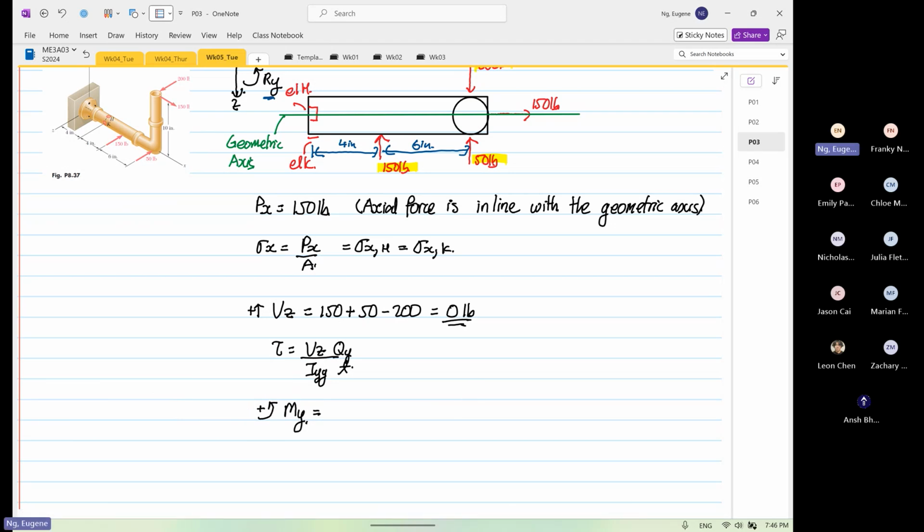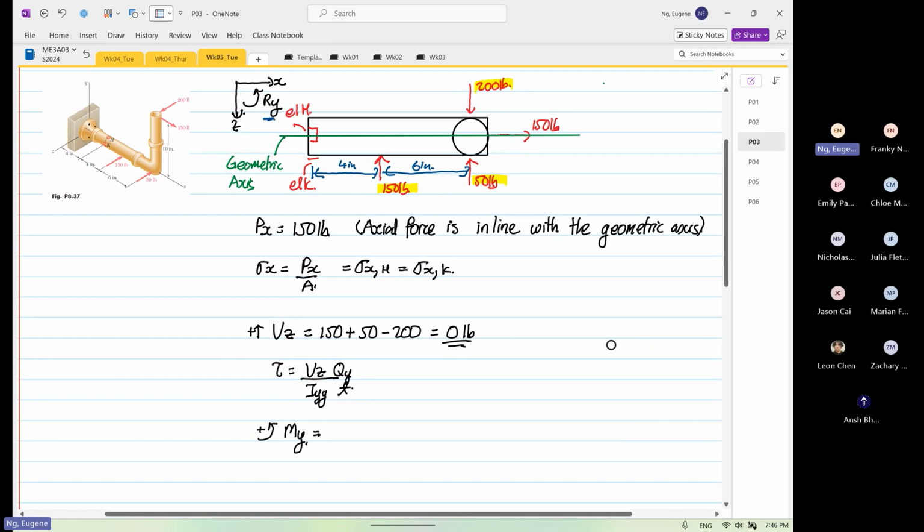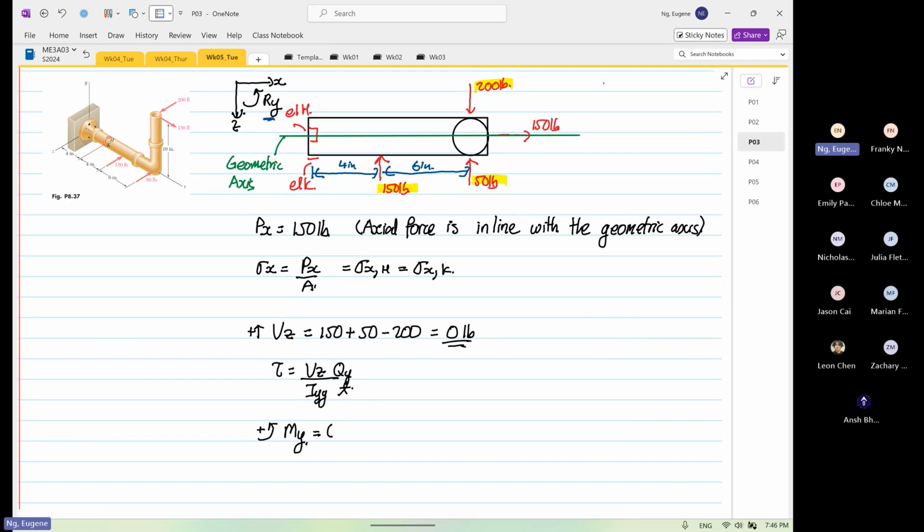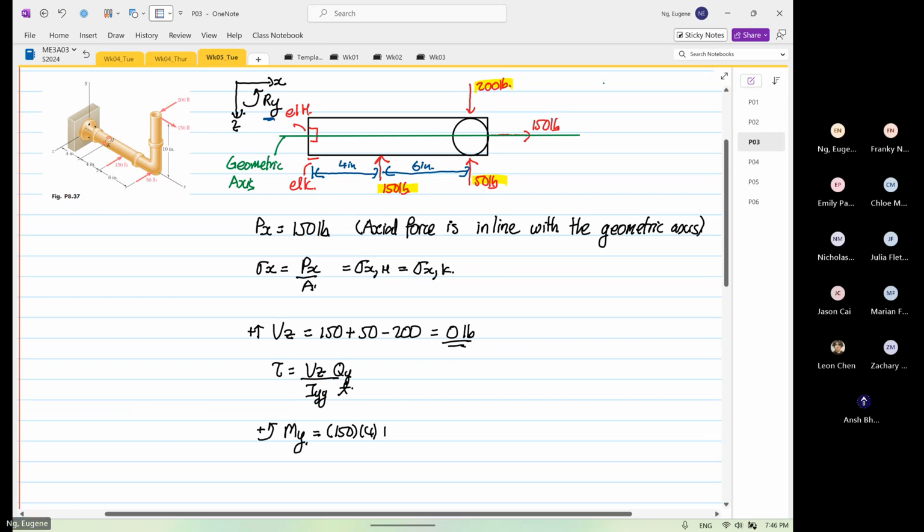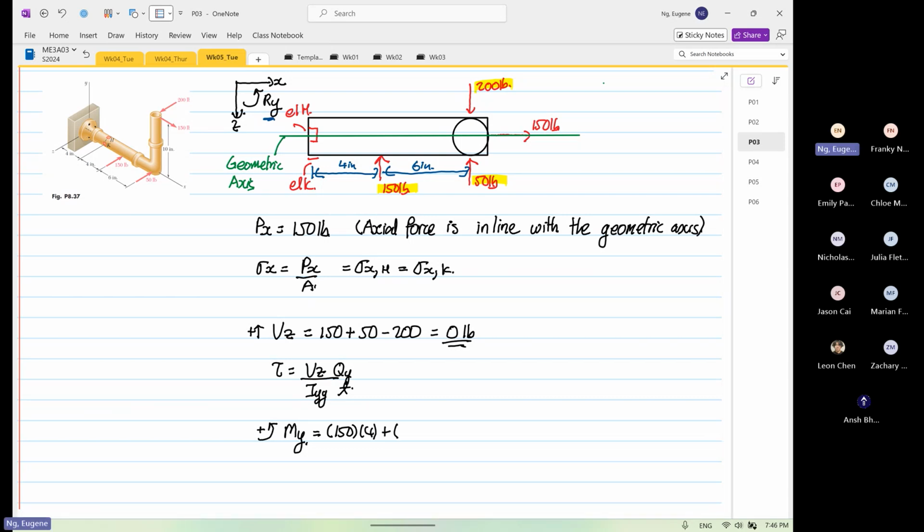So the moment about y going anti-clockwise. So the 150 at the bottom will generate anti-clockwise. So it's positive. So 150 multiplied by 4 plus 50 multiplied by 10, then minus 200 multiplied by 10.